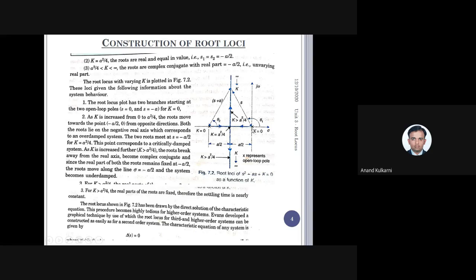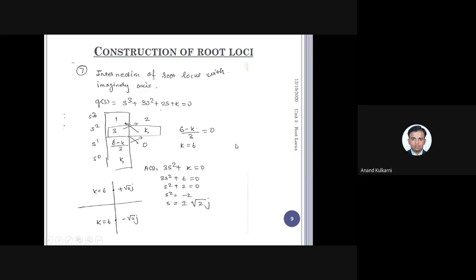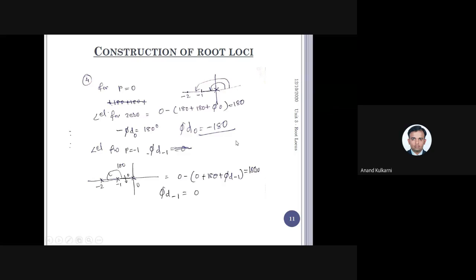So that means what? The root locus starting here is coming this way. Root locus starting here, coming this way. They meet here. So there is a breakaway point between 0 and minus 1. This idea also you will get by this. Because the root locus on the 0 pole is going towards left and root locus on minus 1 pole is coming towards right. One is going left, another is coming towards right, means they have to meet somewhere. And that meeting point is the breakaway point. And what is that breakaway point?